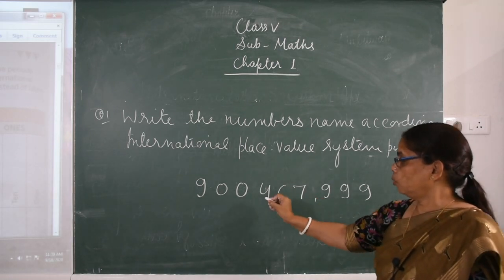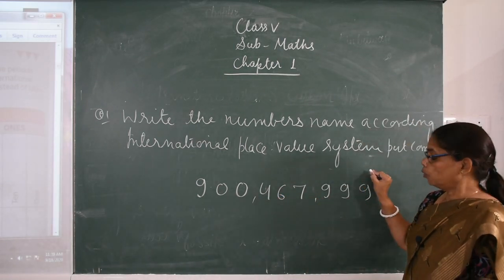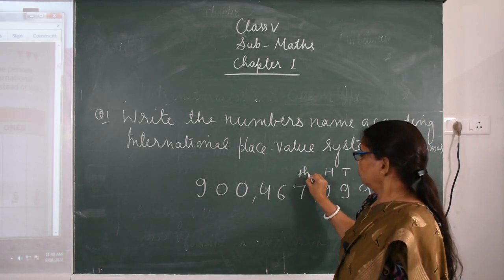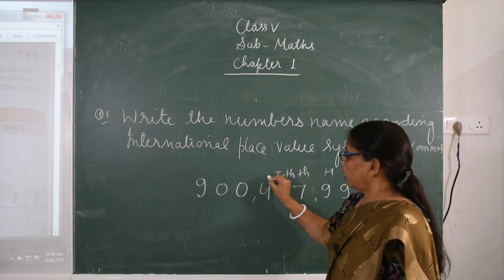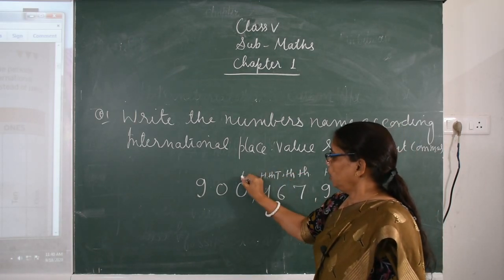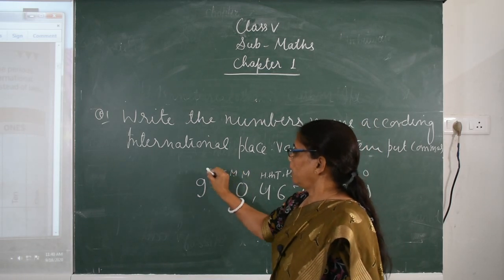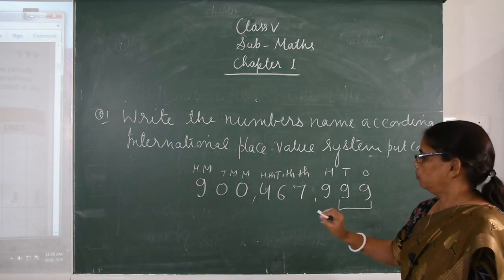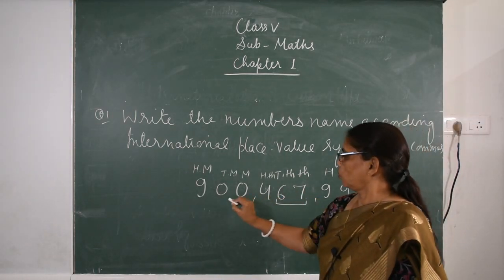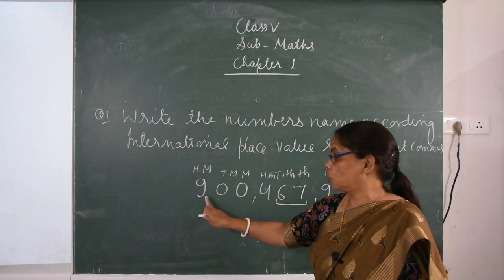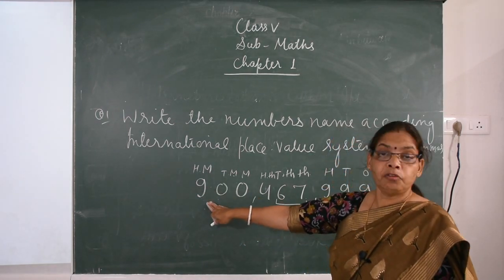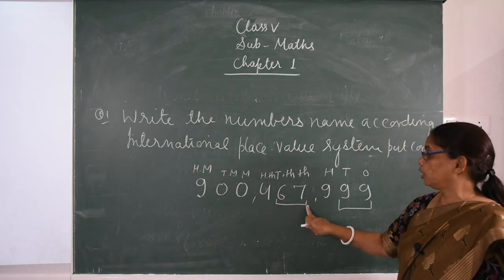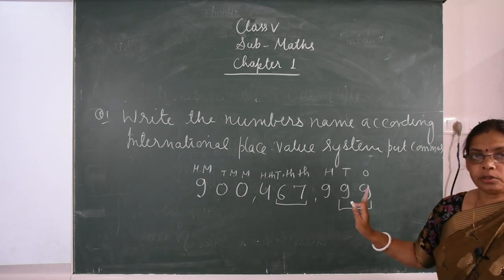After every 3 digits we have to put the comma, and then put the places: ones, tens, 100, 1,000, 10,000, 100,000, million, 10 million, and 100 million. So how do we read? This together, this together, and this one separately. So 900 millions, this is in which period? Millions period. So 900 millions, 467,999.